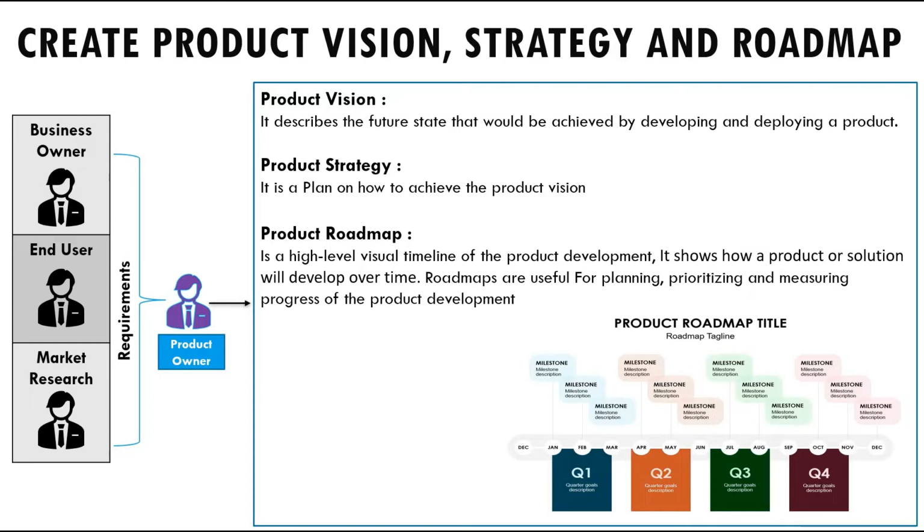Then he creates a product roadmap. Product roadmap is a high-level visual timeline of the product development. It shows how a product or solution will develop over time. Product roadmaps are useful for planning, prioritizing, and measuring the progress of the product development.